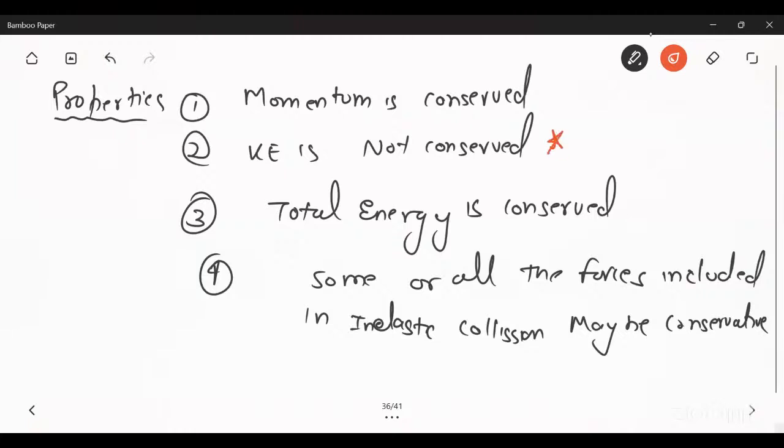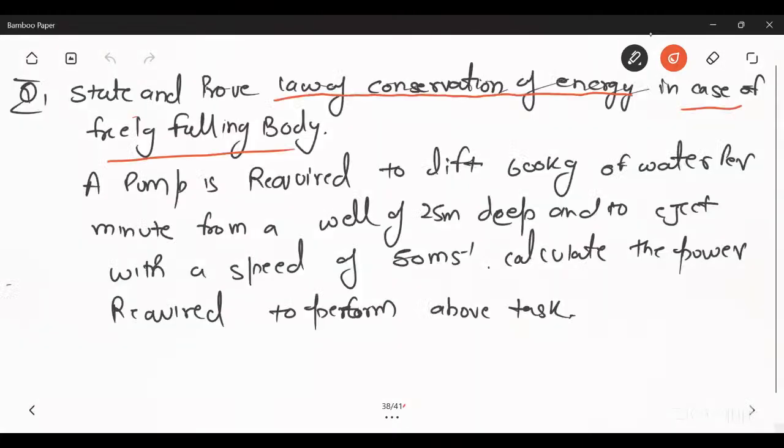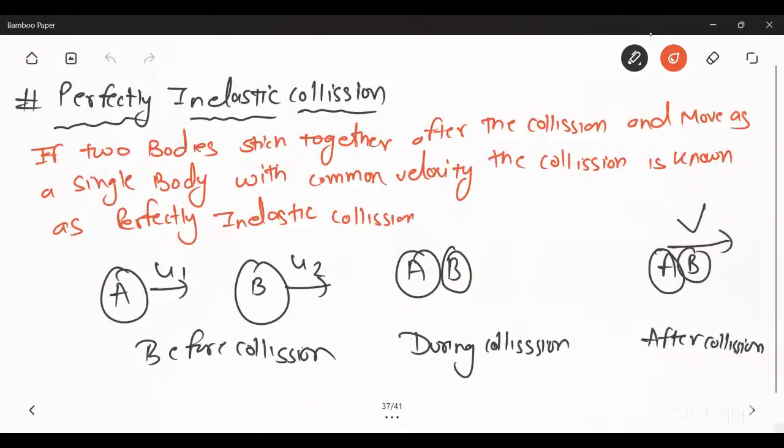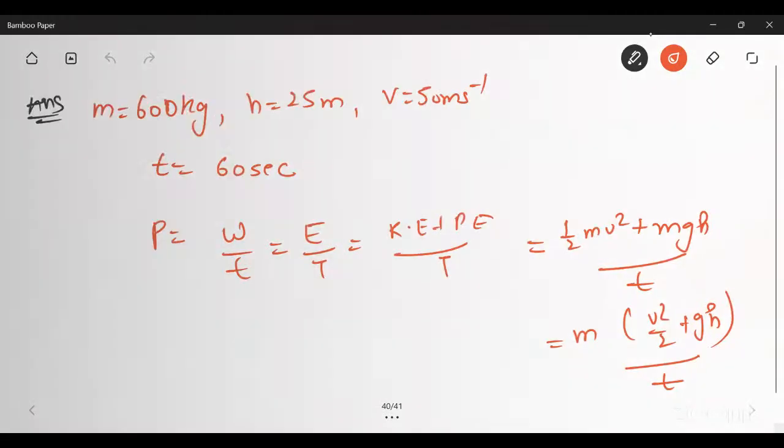In a perfectly inelastic collision, the two bodies stick together after the collision. Now the two parts are clear.